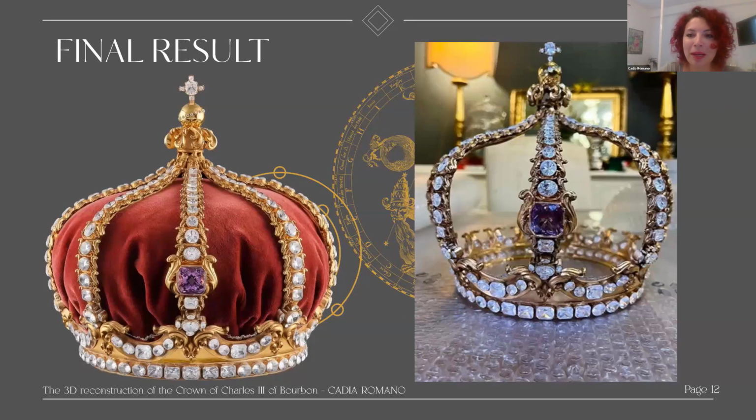Obviously, I love to work in 3D, but it's very important to understand the traditional techniques, because also in this part, when I have to create the acanto leaf, all the decoration, I have to understand how the repoussé chisel can work, and this is a traditional technique, or how the gem setter has to work on the metal. I have to know the perfect thickness of the metal if I want to set a diamond cut around on the surface, and so on.